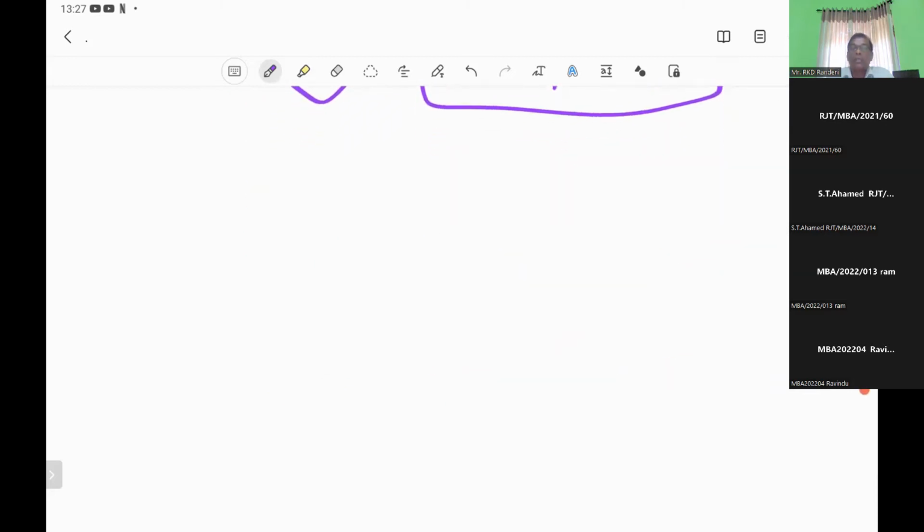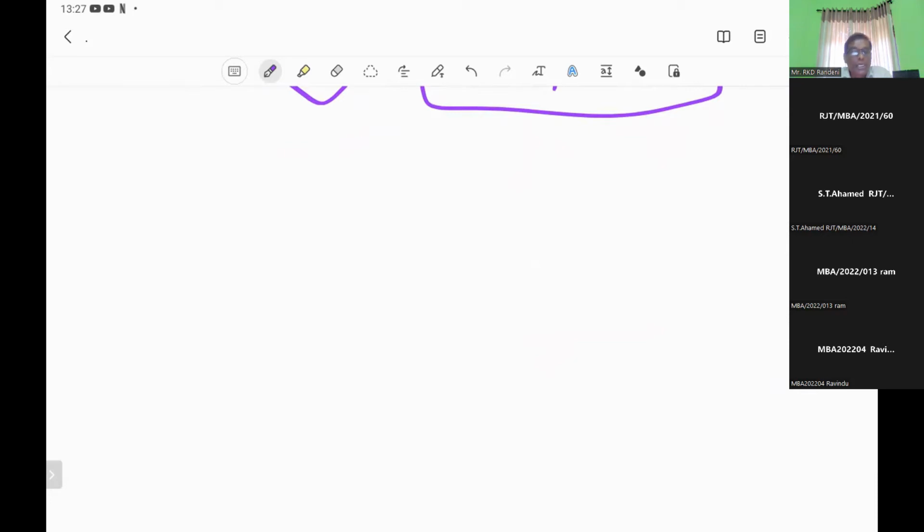Now we already discussed that the slope of the indifference curve is the MRS, and there is a law, which we already realized. Now we are going to discuss the consumer equilibrium level under indifference curve analysis.